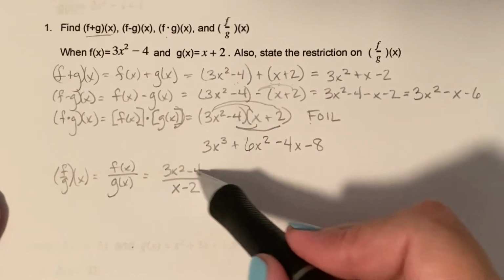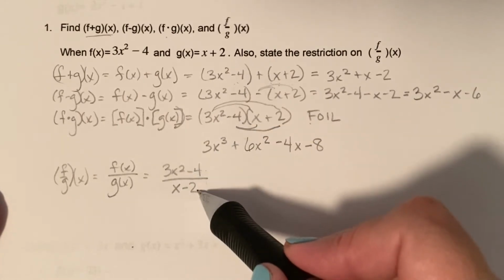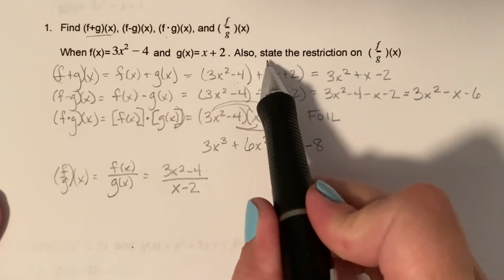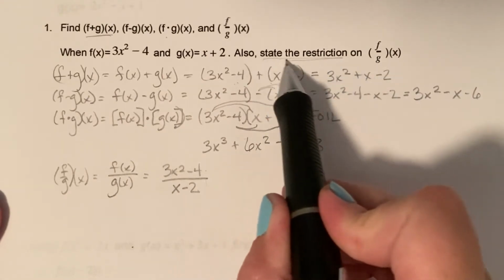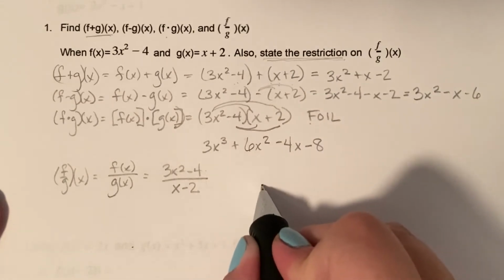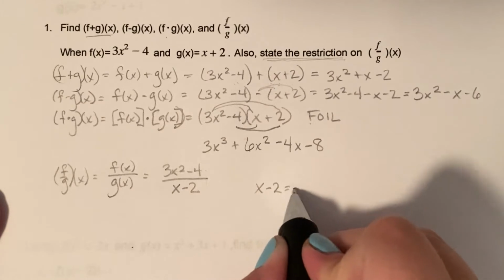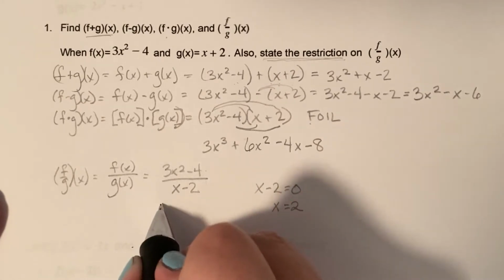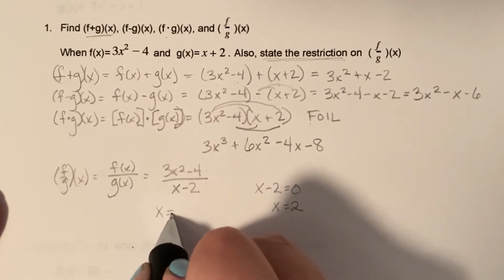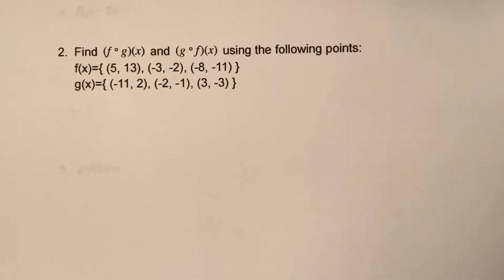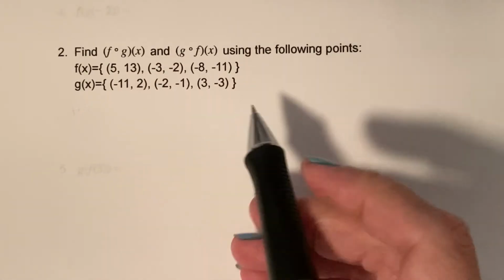But here, that's in its lowest form, and so is that. So we can't factor or reduce. But the thing we do have to be wary about is the restriction. For the restriction, you set the denominator equal to 0 and solve for x. So here, x cannot equal 2.